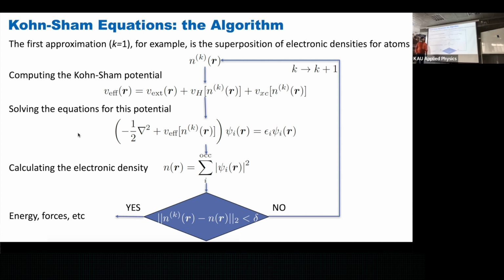This exchange correlation potential arises from the exchange energy which we saw in the Hartree-Fock method, and correlation is all the other energy which we just discarded when we calculated kinetic energy in Thomas-Fermi. It was the local density approximation, but it's an approximation.